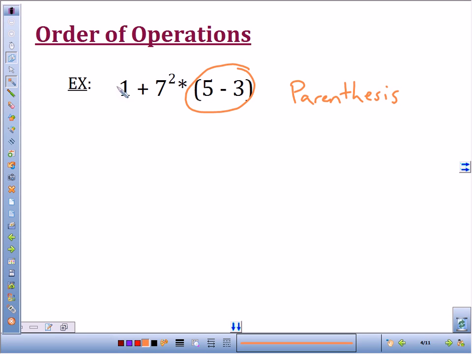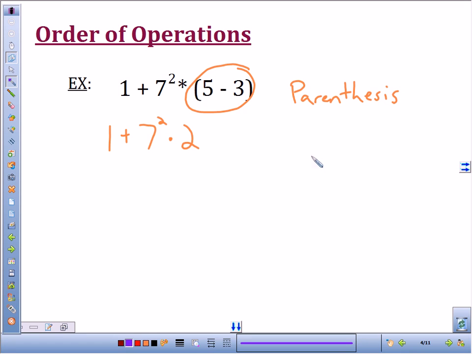So what we do is we say, all right, I'm not changing anything else. I'm still going to have 1 plus 7 squared times, and 5 minus 3 inside the parentheses is 2. So it will be 1 plus 7 squared times 2. That is all of our parentheses taken care of.